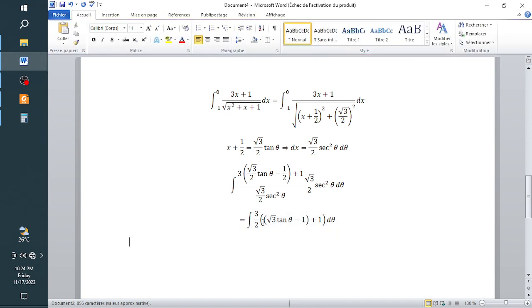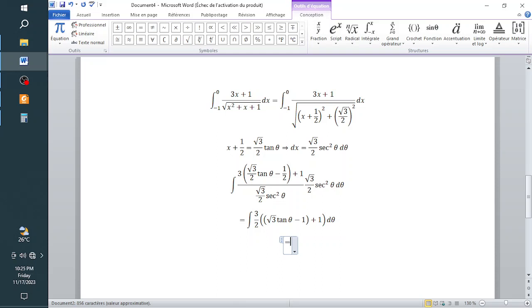Okay, so this will give us, let us multiply 3 on 2, then we integrate the square root of 3 tangent of theta. Now we have to multiply 3 on 2, then we add 1 to it. You just going to give us negative half.